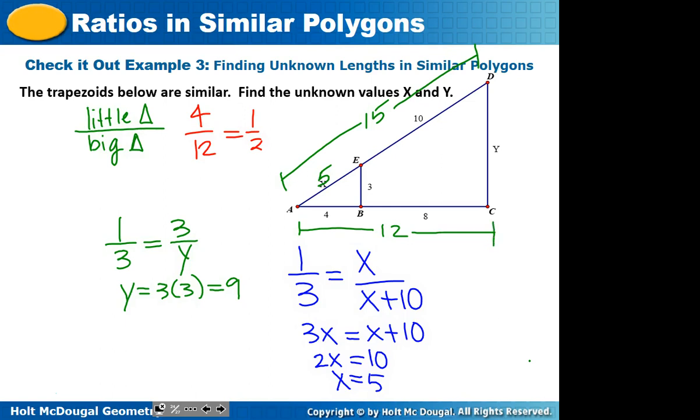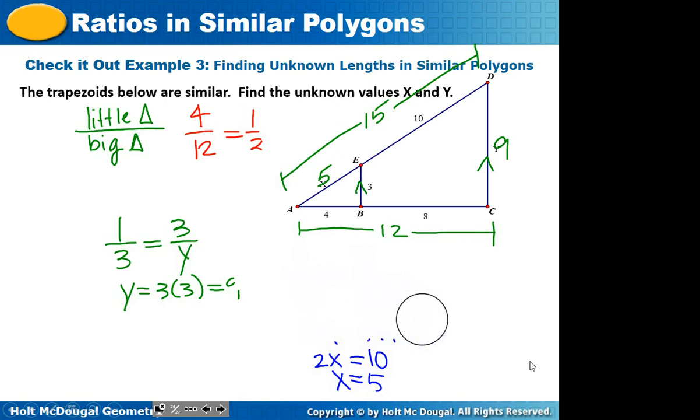And we said that this side over here was 9. Now the relationships that I'm about to show you that we can use only exist on the sides where we have parallel sides of little triangle and big triangle, okay? So I'm going to go ahead and erase this so I can show you guys some of these relationships.